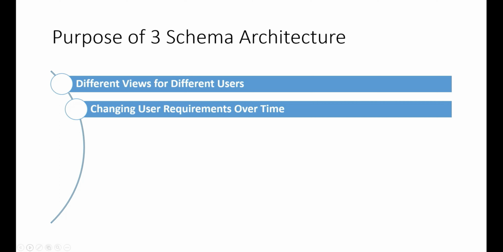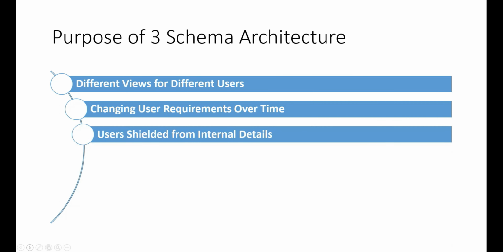And the next is user shielded from internal details. The other purpose, which is an important one, is that the user interacts with the database through a logical or conceptual schema which hides the physical implementation details. As a customer browsing an e-commerce site, you do not know the physical implementation details of the product table or the inventory table.